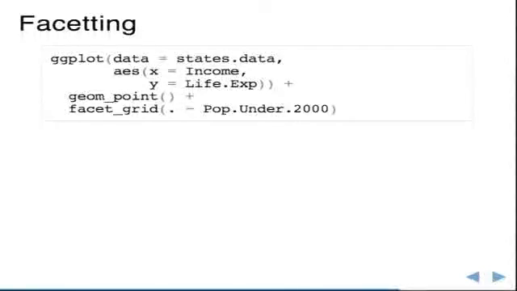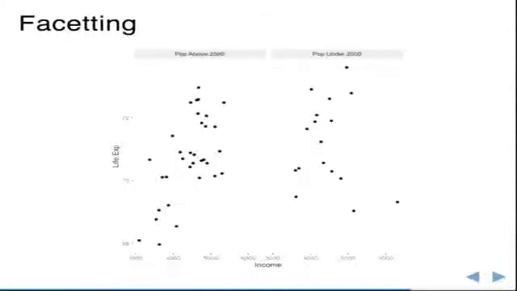And we're going to add this facet grid so that it's separated the population under 2,000 and above 2,000. And so this is what that graph is going to look like. So that initial code that we actually had seen at the beginning, the scatter plot that I'd shown you, we just added that one line, facet grid, and it created two separate graphs. So it's just that simple.